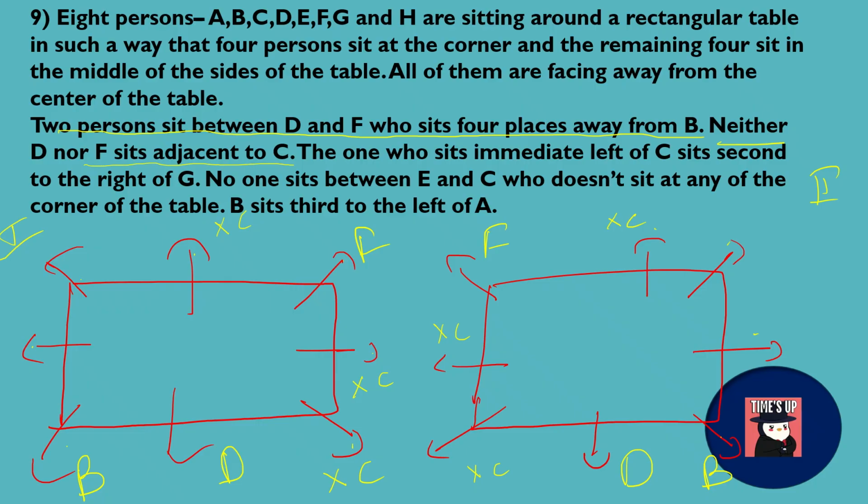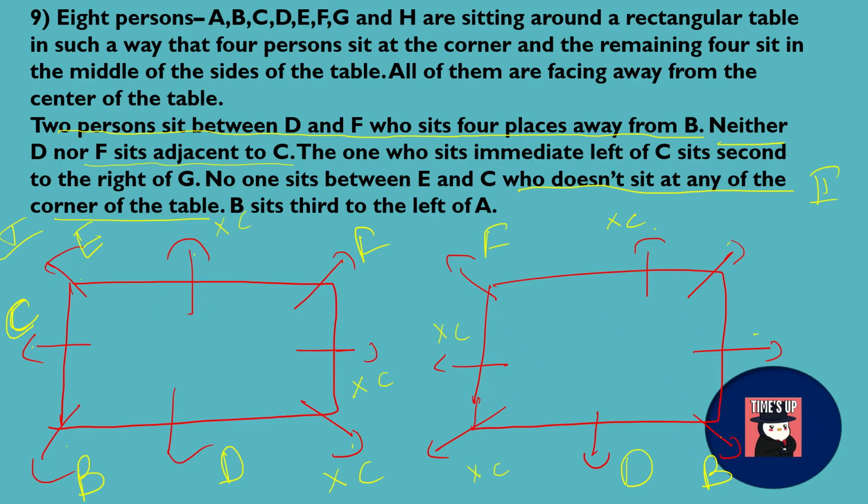No one sits between E and C. C doesn't sit at any corner of the table. This is very important, they are saying. If C is not sitting at any corner of the table, in possibility 1 this will be C and this will be E, because between E and C no one sits.